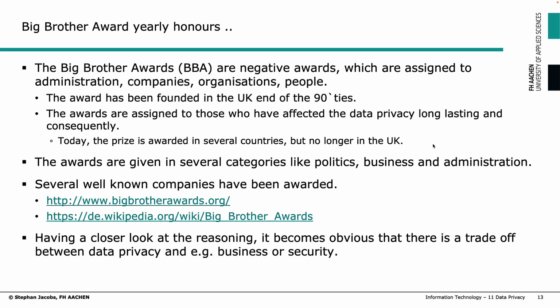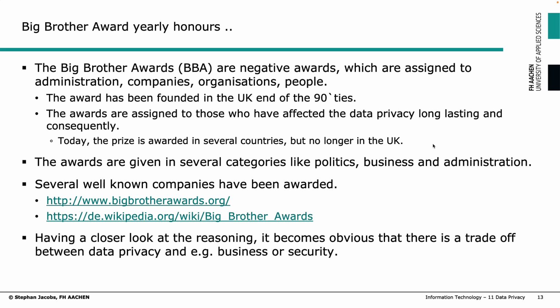It is assigned to administrations and companies, to organizations and people. The award was founded in the UK at the end of the 90s, but nowadays it is awarded in several countries. And to qualify, you have to affect data privacy long-lastingly and consistently. There are several categories, and you can have a look at the homepage bigbrotherawards.org or at Wikipedia to see some of the nominees and the winners.